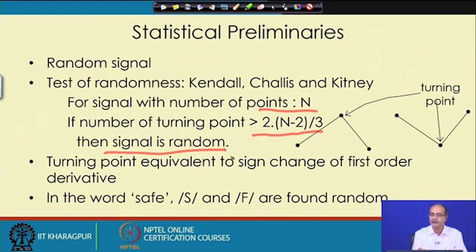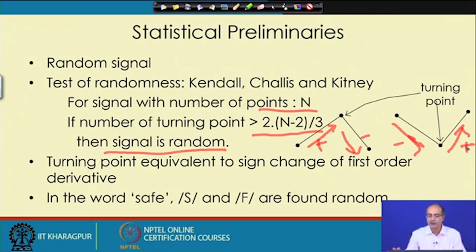Now, to follow the definition, first we need to know what is called a turning point. If we have consecutive samples and we see that there is a change in the gradient from positive to negative, as in this case, or from negative to positive. Here the gradient is positive, here it is negative. In this case it is negative, here it is positive.